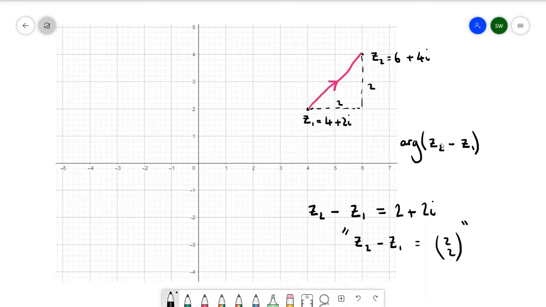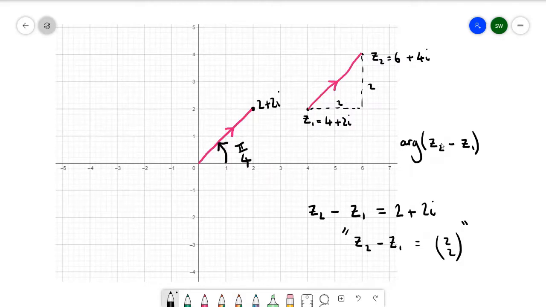So if we plot this coordinate 2 plus 2i, this point, we're saying what's the argument of 2 plus 2i? Well, you can see that the position vector of 2 plus 2i is going to be exactly the same as this pink vector. We've just moved it down to the origin. And we know that the argument of that vector, 2 plus 2i, is going to be that angle there, which we know is pi over 4.